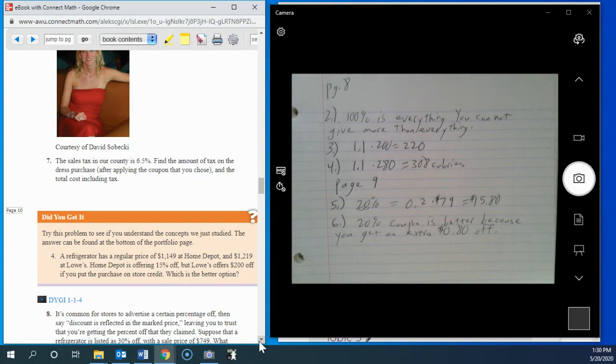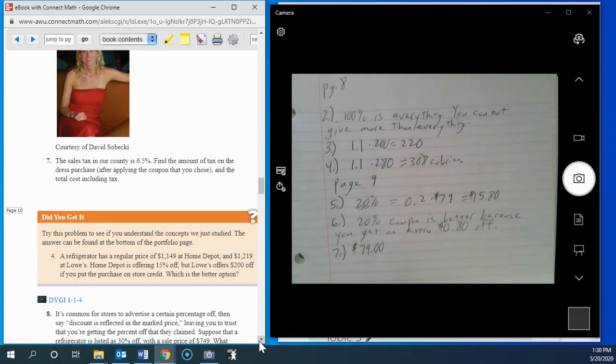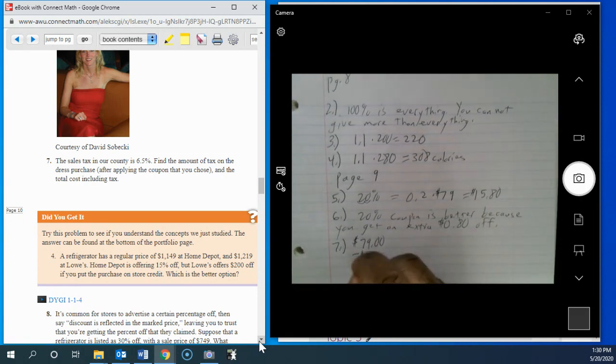Okay, number 7. It says the sales tax in our county is 6.5%. Find the amount of tax on the dress purchase and the total cost including tax. Now, the first thing that we need to do is take that $79 dress and subtract our discount off. So we would subtract the $15.80.